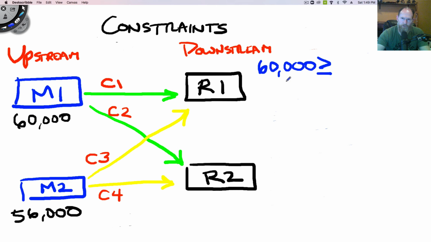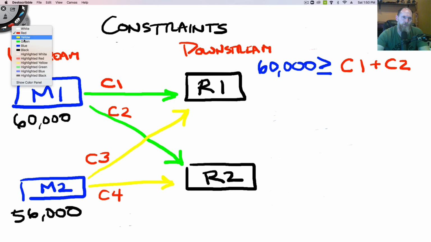So we can't produce less than what we ship. We have to either produce just as much as we ship or produce more. And that's what this means right here. And of course, the amount that we ship out of manufacturer 1 is C1 plus C2. So that's our first supply constraint.